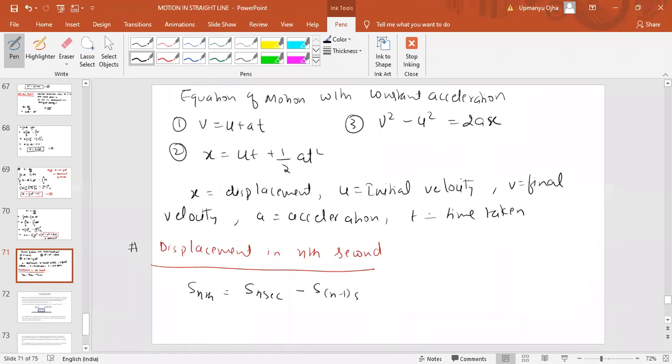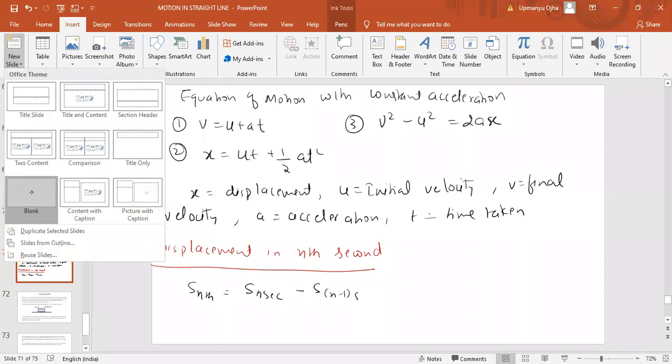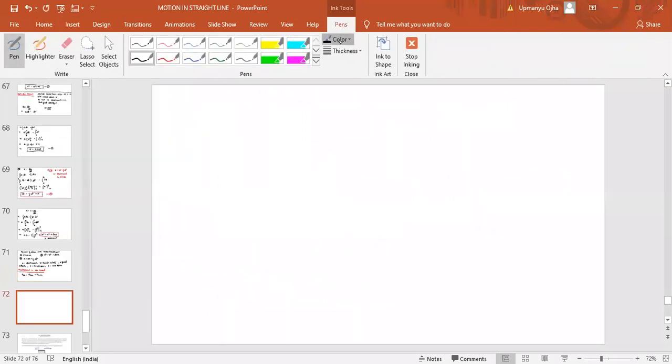Okay, fine. So displacement in the nth second is displacement in n seconds minus displacement in n minus 1 seconds.